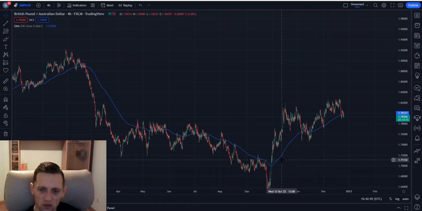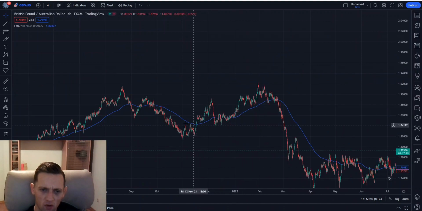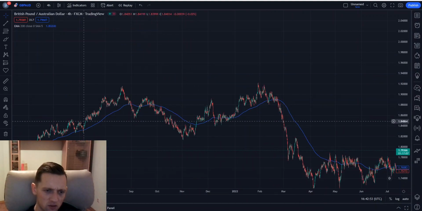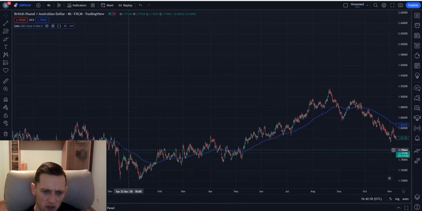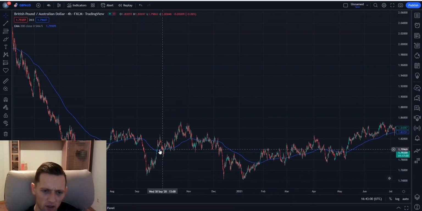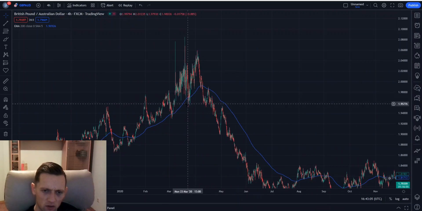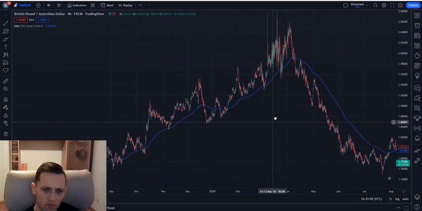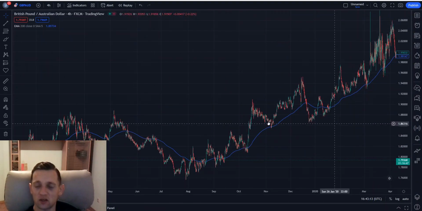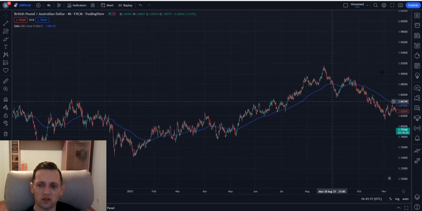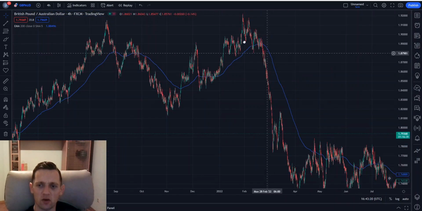You can see it was 1, 2, 3, 4, 5, 6, 7, 8, 9, 10, 11, I would say 12 here, 13, 14, 15, 16 quality trends in the worst performing period ever for GBPAUD, Australian dollar.